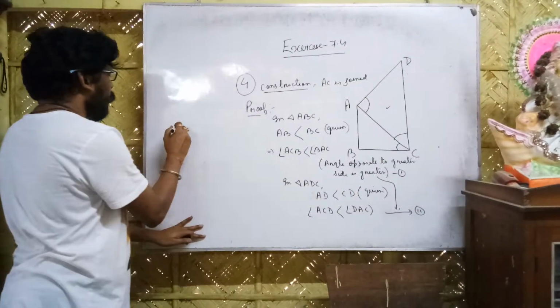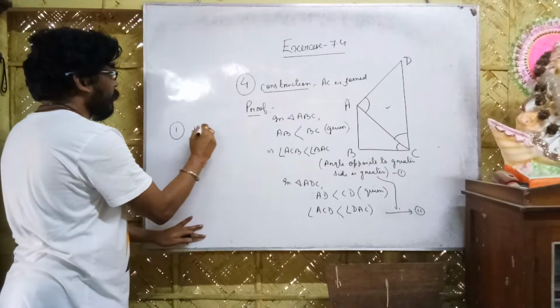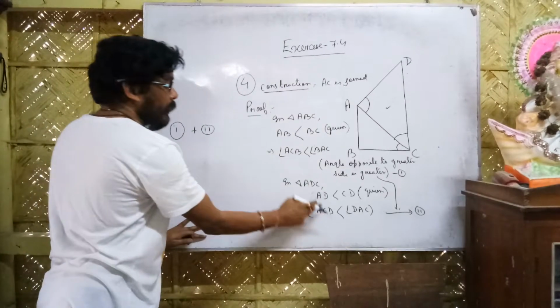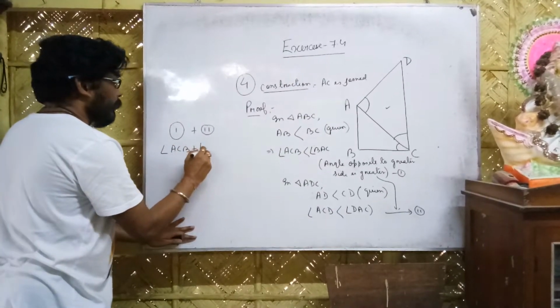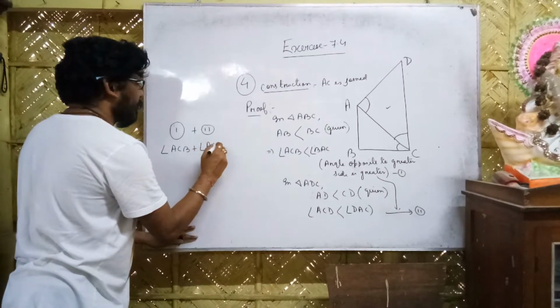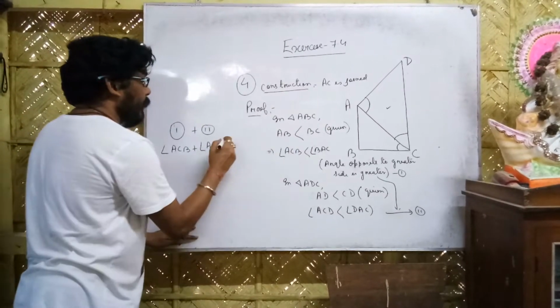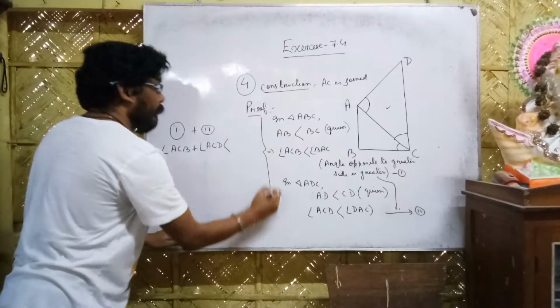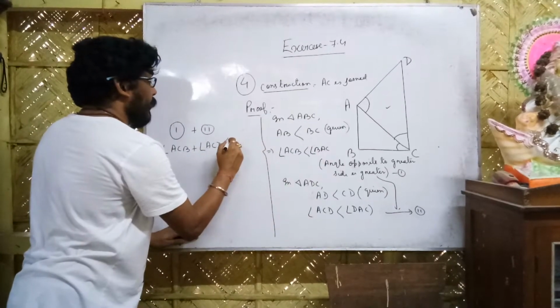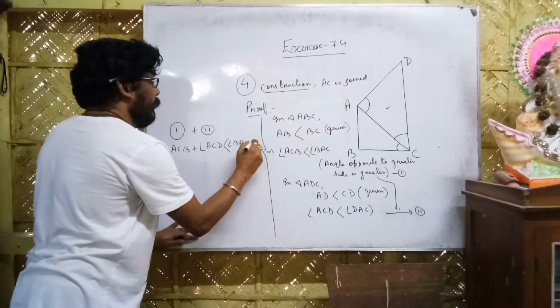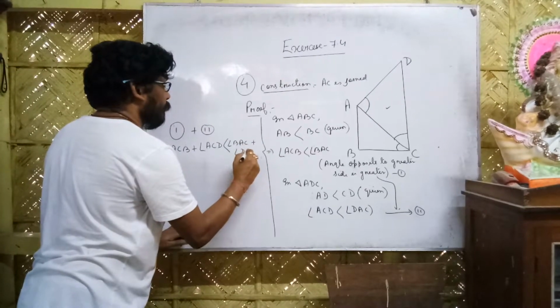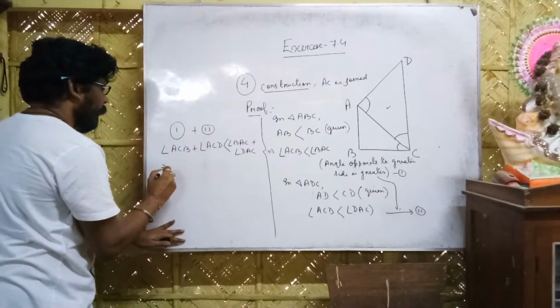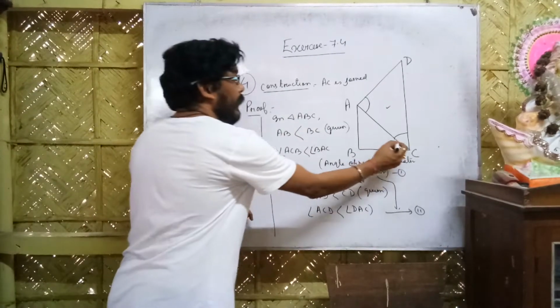Now what I will do? Equation 1 plus equation 2. Here also C, here also C. So angle ACB plus angle ACD. In the middle what sign is there? Less than sign. Right side what is there? Angle BAC plus angle DAC. ACB is this one.